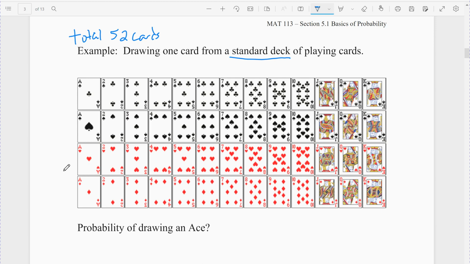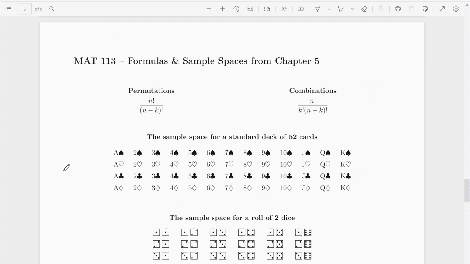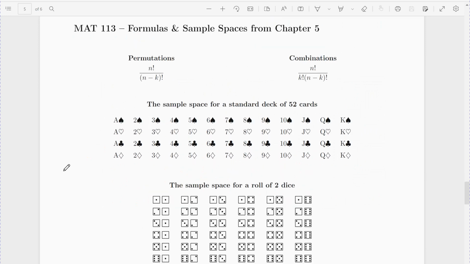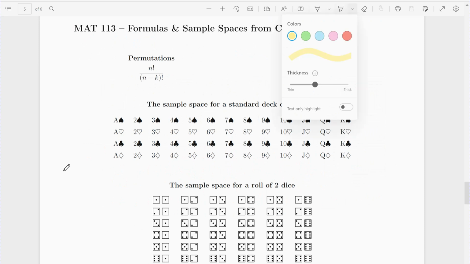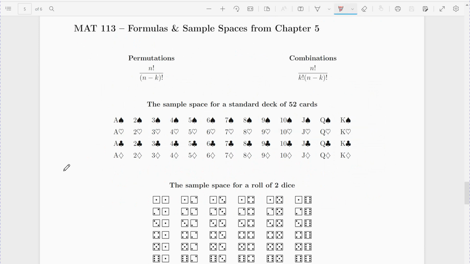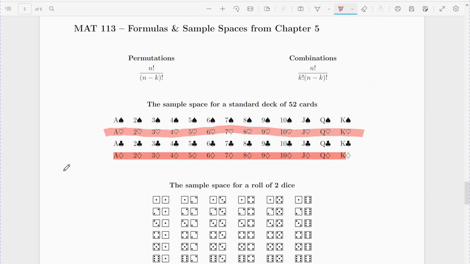You don't have to have the set memorized, because I know not everybody plays cards, and it's given to you in the formula sheet. What you do have to be careful about is that the formula sheet doesn't highlight the individual cards, so you have to remember that the hearts and diamonds are the red cards.